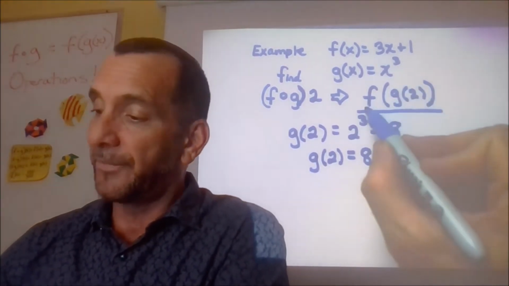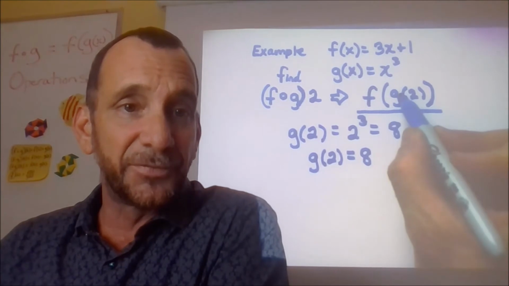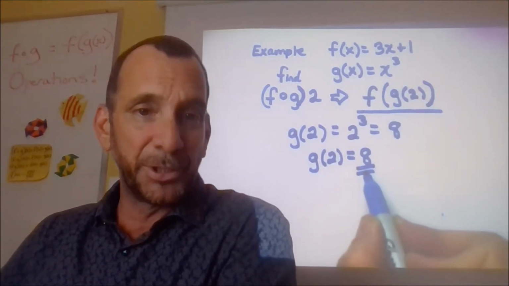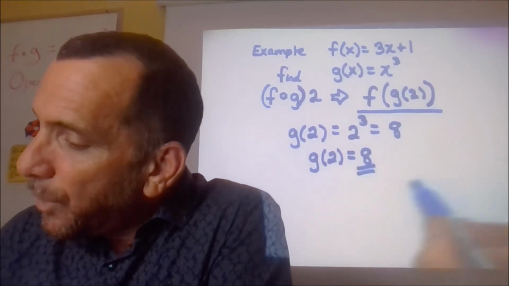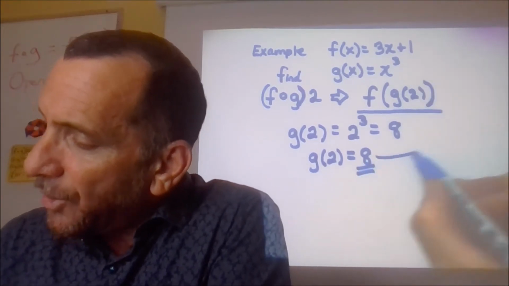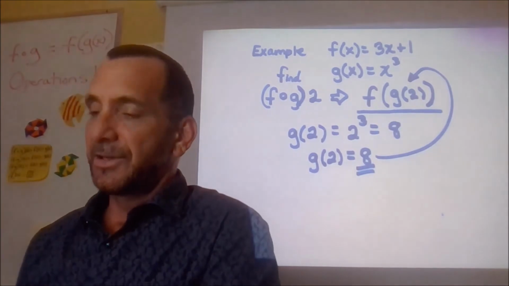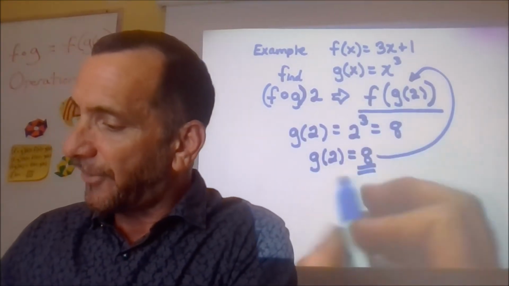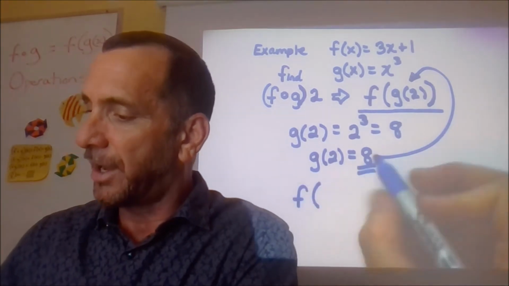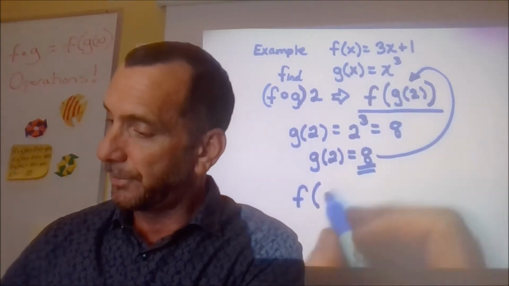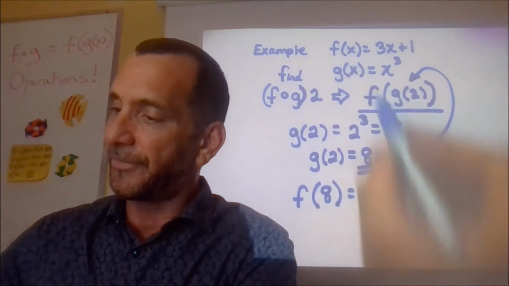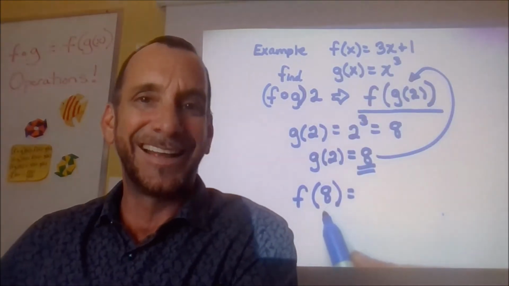So really, if we want to find f of g of 2, we're taking the result or the output from g of 2, and we're plugging it right on in to the f of what? Okay, so we've got f of, now we can find f of, well, what was g of 2? 8. And we can use the f of x function to find f of 8.